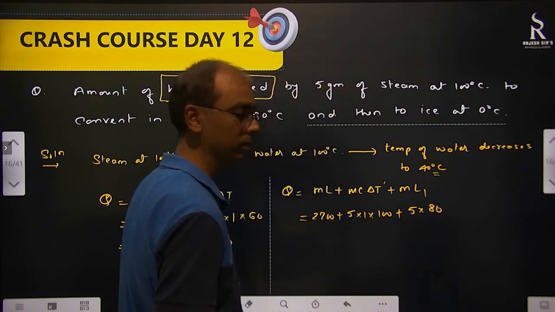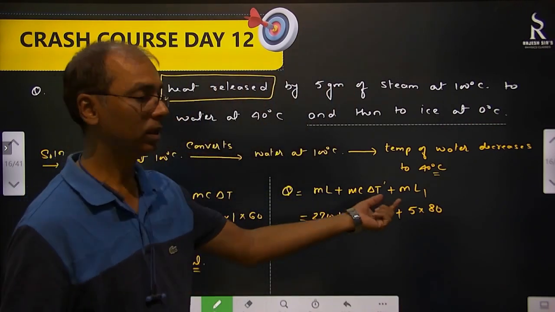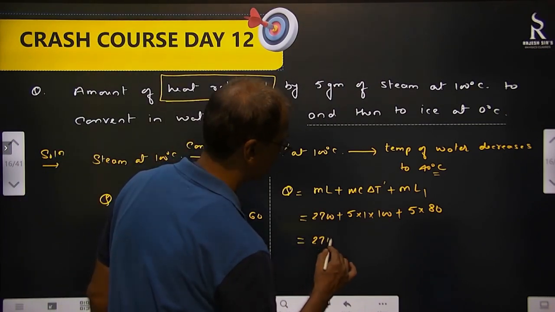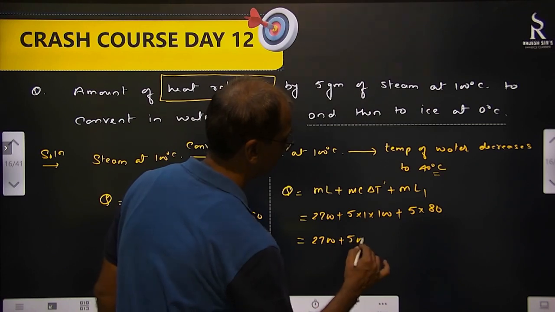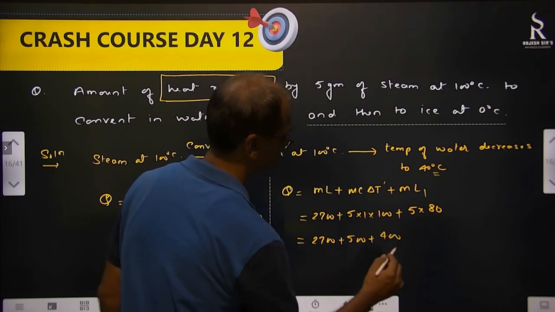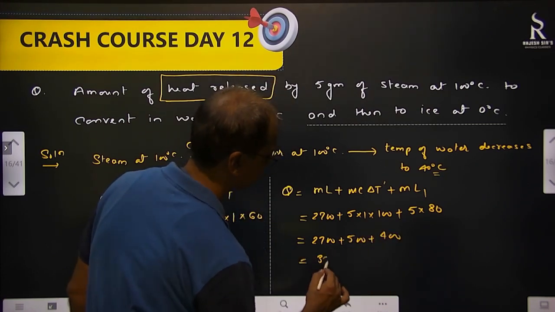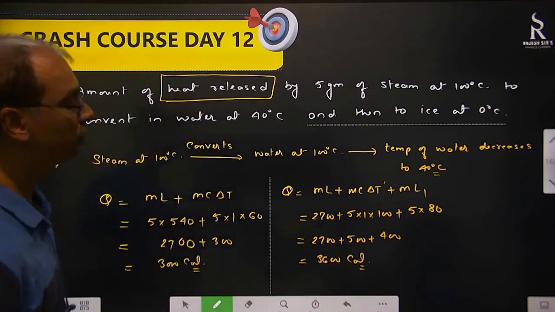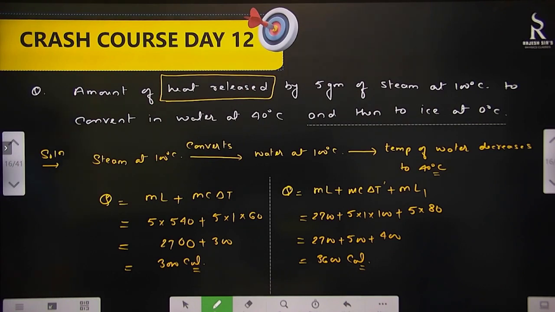This is fusion. Here it was 540, here it is 80. So what is coming finally? 2700 plus 500 plus 400. Answer 3600 calorie. So this much amount of heat is released when 5 gram of steam is converted into 5 gram of ice at 0 degree centigrade. Okay.